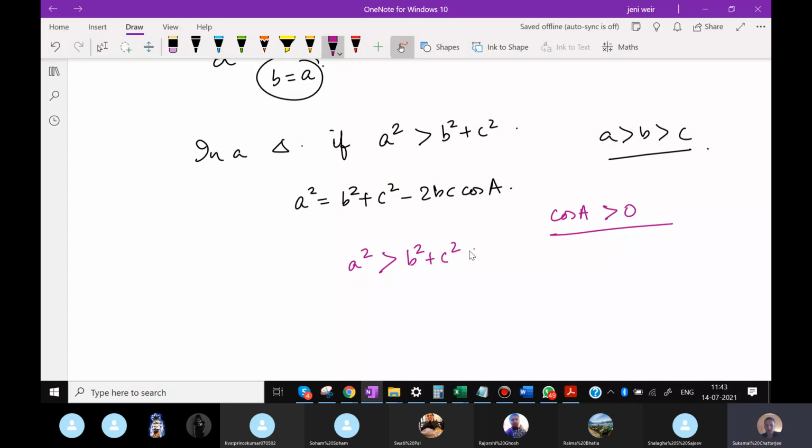No, sorry, my mistake. If this is positive, then b square plus c square will become greater than a square, because in that case 2bc cos a is positive, you move it to the other side, so b square plus c square is equal to a square plus 2bc cos a. So that means b square plus c square will be greater than a square, right? Which means cos a greater than 0 means the triangle is acute angle.